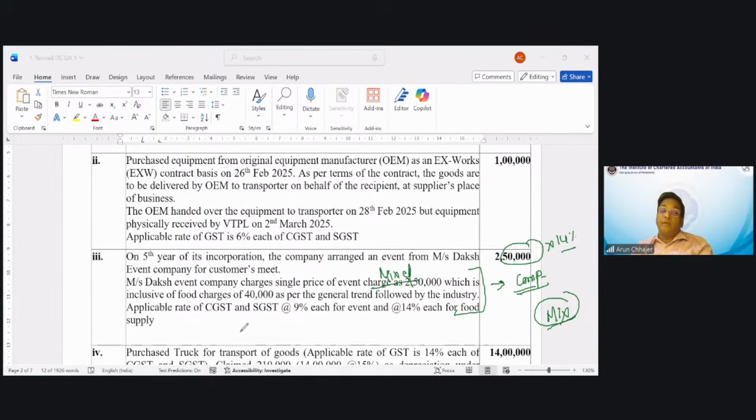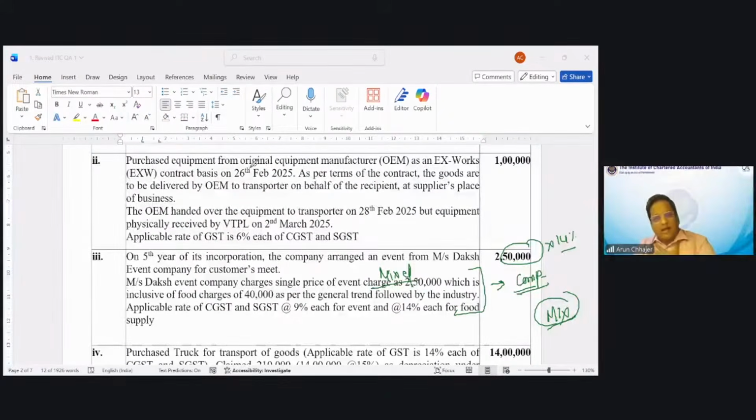Navneet, that ITC is blocked on food would be true only if it is an individual supply.